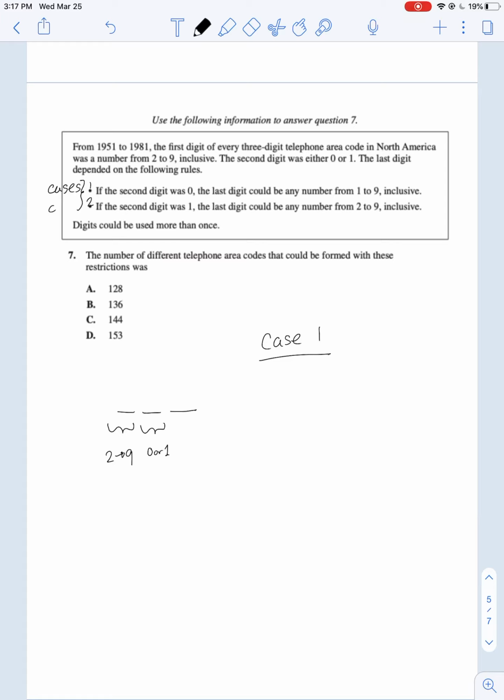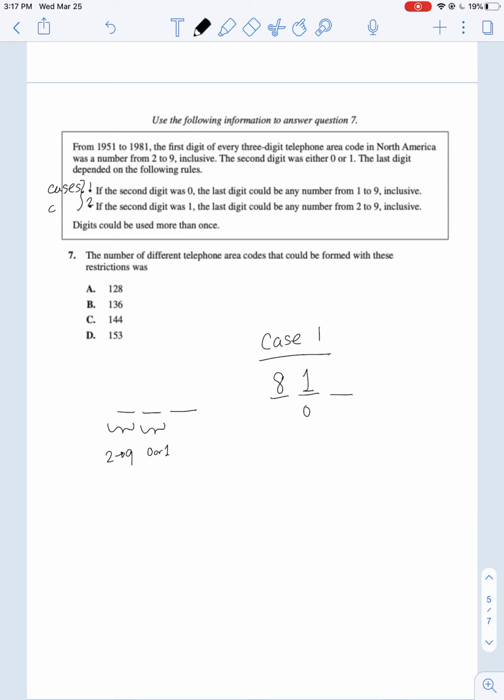So let's talk about case 1 first. We know that for our 3 digits, the first digit has to be 2 to 9. So 2, 3, 4, 5, 6, 7, 8, 9 means there's 8 choices right there. The second digit was either 0 or 1, but in case number 1, we know that the second digit has to be a 0, so there's only one choice, which is 0.